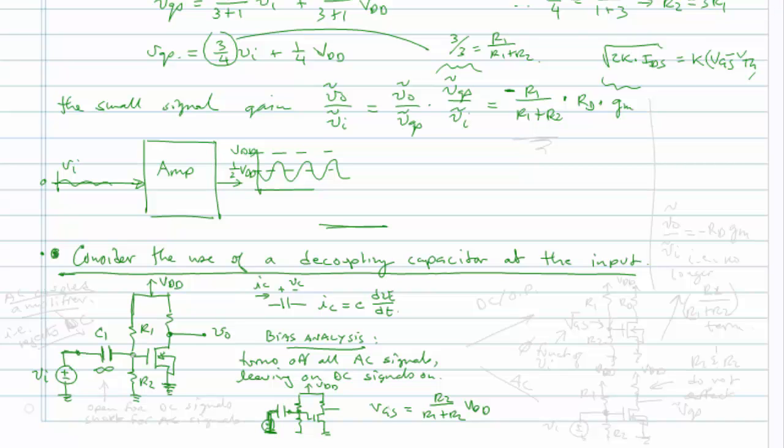Although I confess I'm not explaining it very well at this point, and part of it is because we haven't studied capacitors in depth yet. What I can tell you about how this circuit works is that this capacitor is going to be an open for DC signals, and it's going to be a short for AC signals.